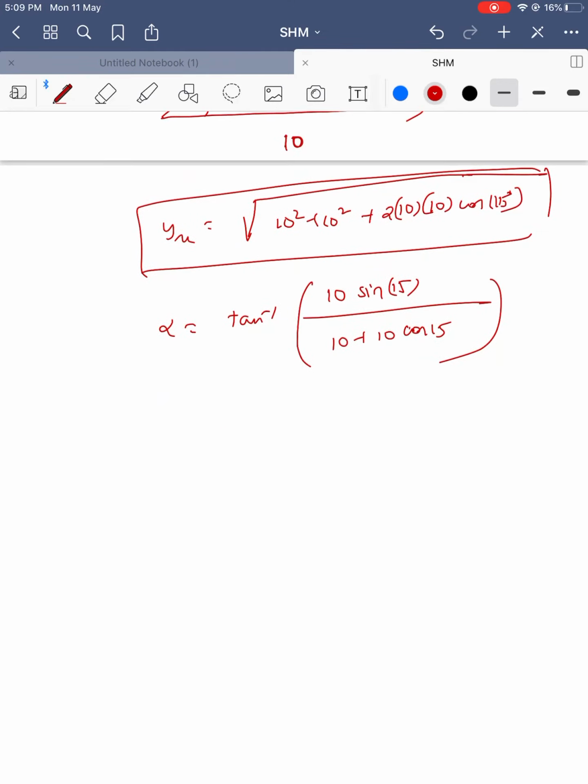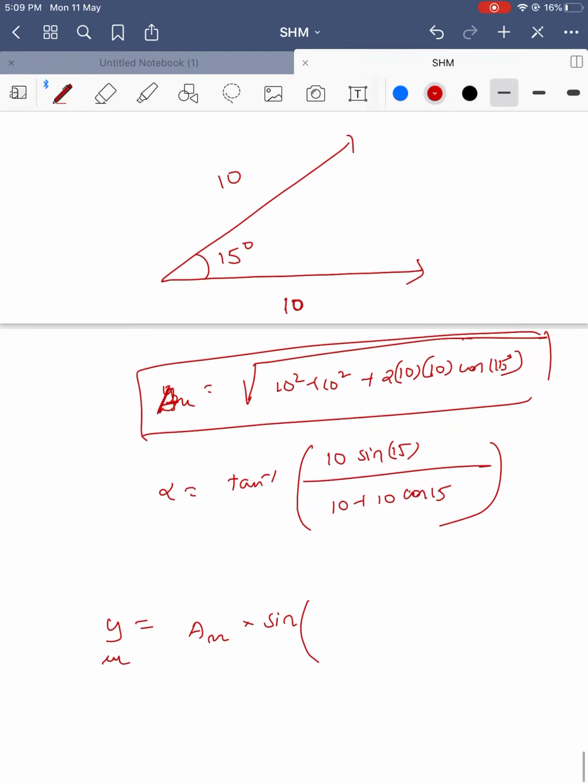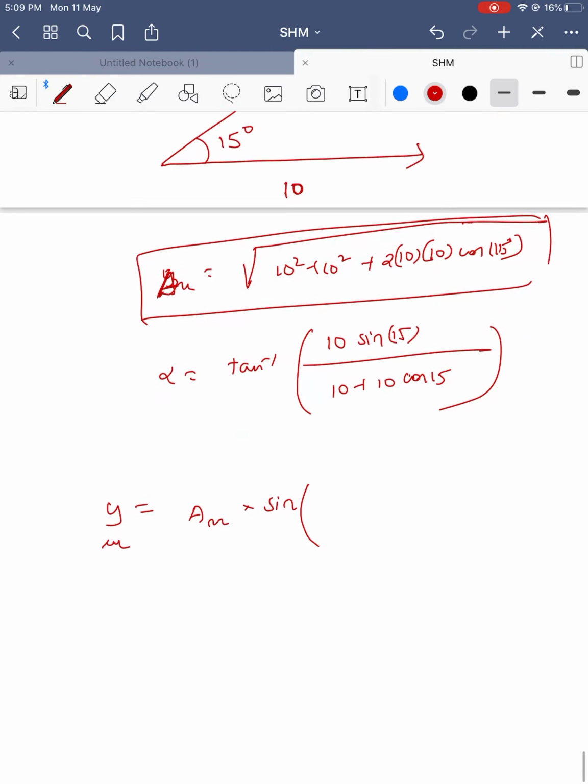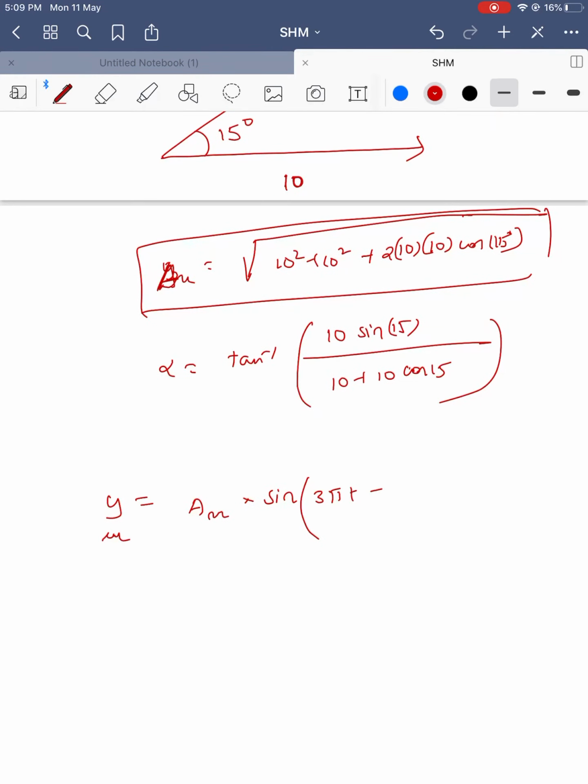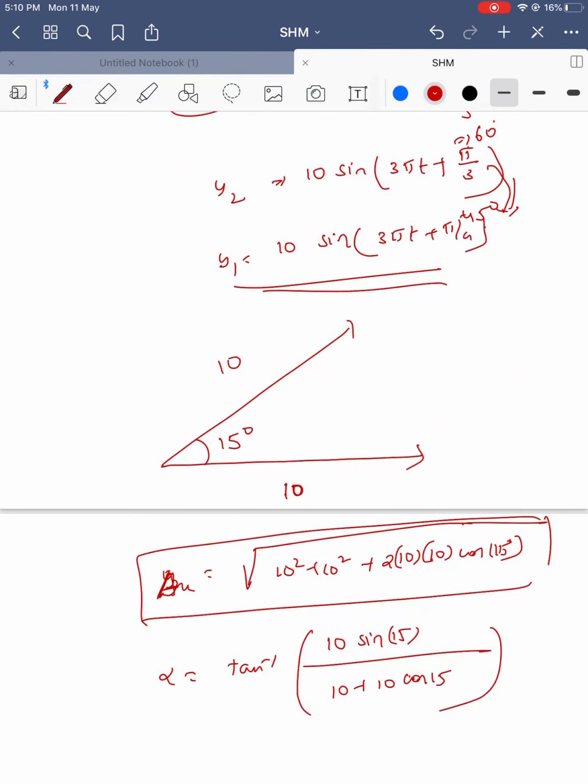So next, the resultant displacement equation is a resultant into sine of what should we write? Sine of 3 pi t plus alpha? If you write that, it is wrong, because we must consider where it is starting, which one is less. Pi by 4.